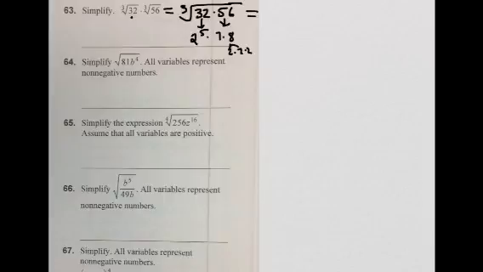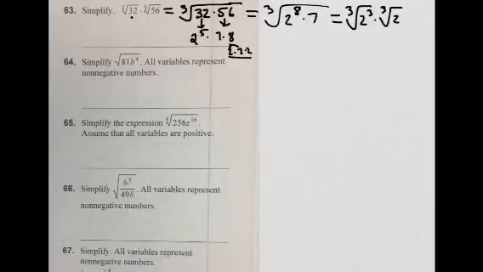So 2 to the 5th times 2 to the 3rd, that's 2 to the 8th, times 7. And so they come out in groups of 3, right? So with 8, I have 2 groups of 3. It's 2 to the 3rd, like that.